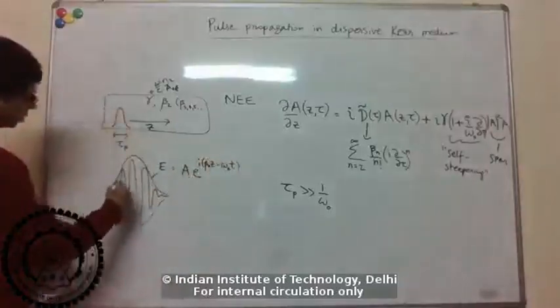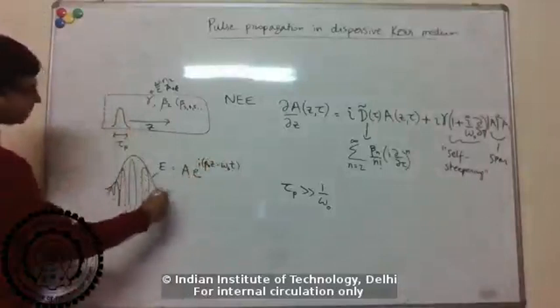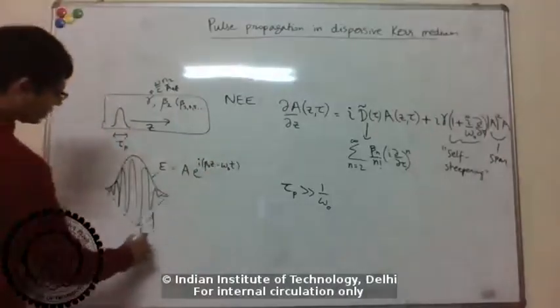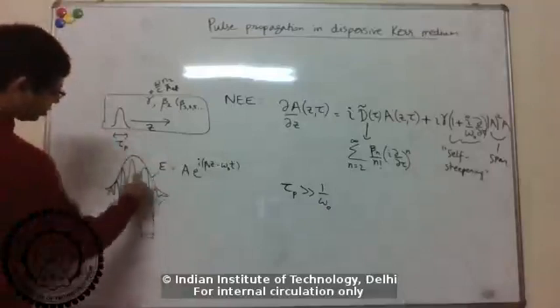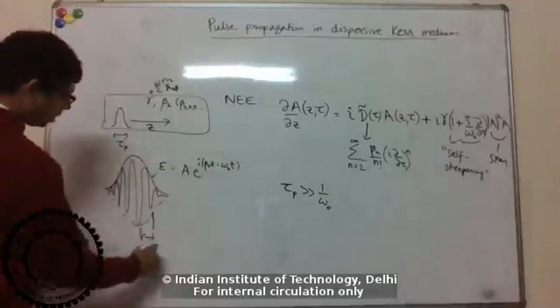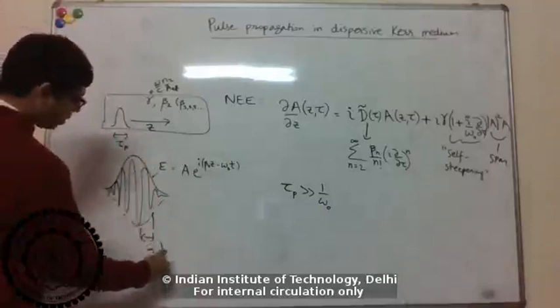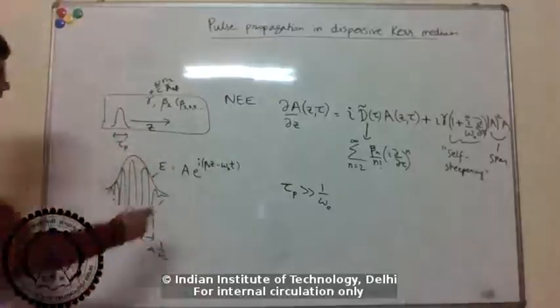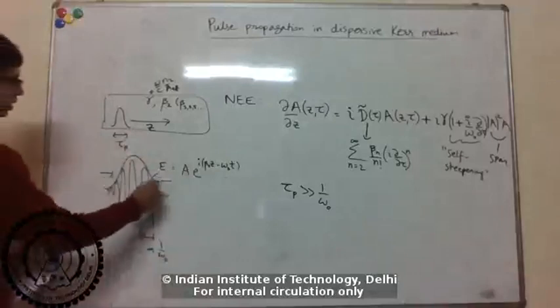So the oscillations of the carrier within the pulse are going at a frequency omega naught. So the cycle time is of course proportional to 1 over omega naught, right? And this tau p is the total pulse width.